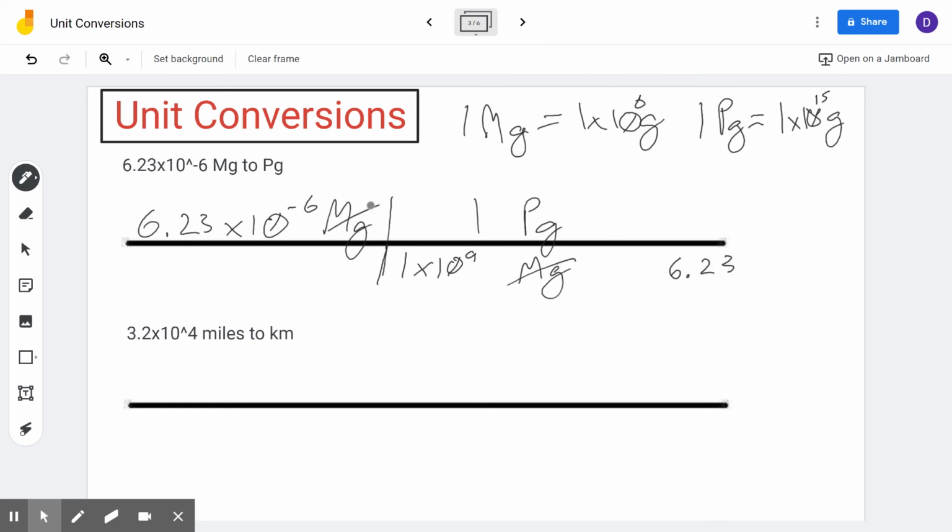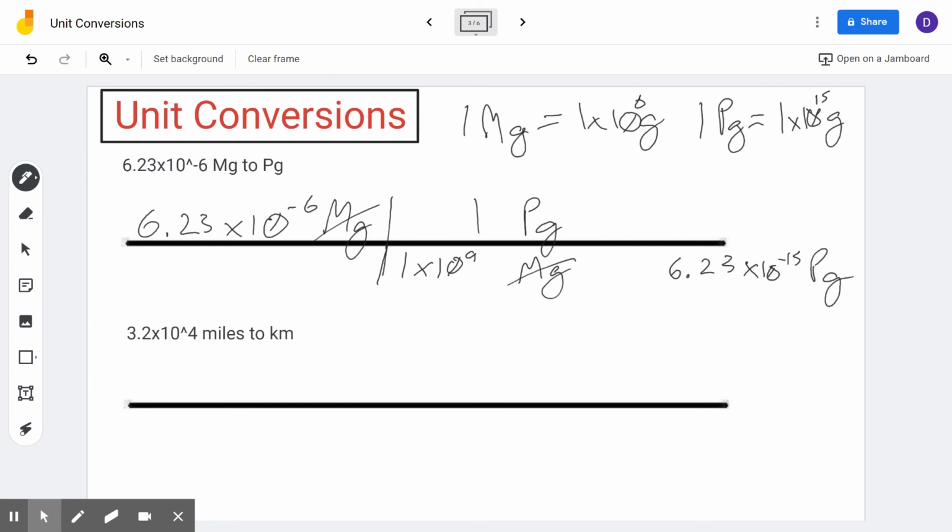The megagrams are gone. Your unit is going to be in petagrams. So this is times 10 to the, now 10 to the negative 6 divided by 10 to the ninth is 10 to the negative 15th. And that's in petagrams. Okay.